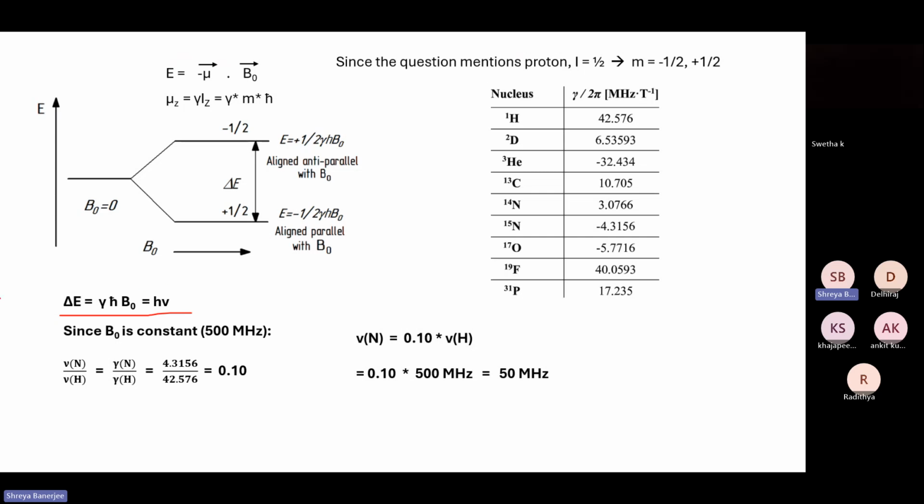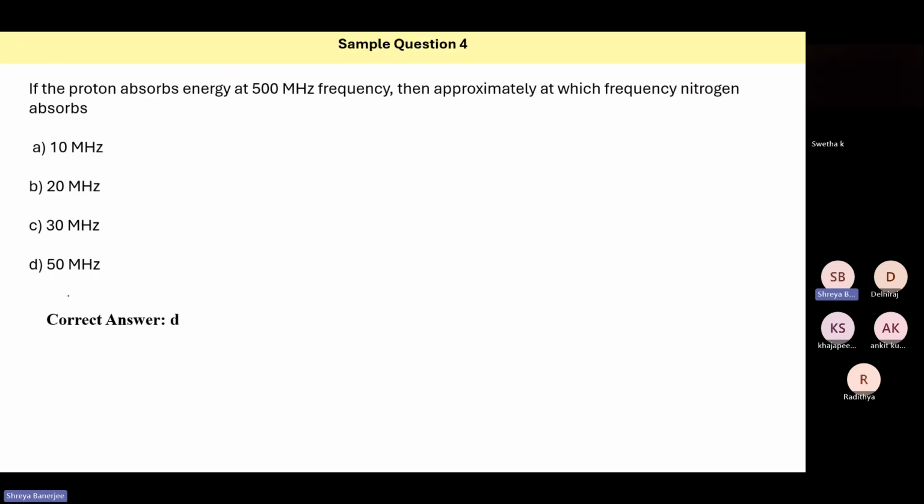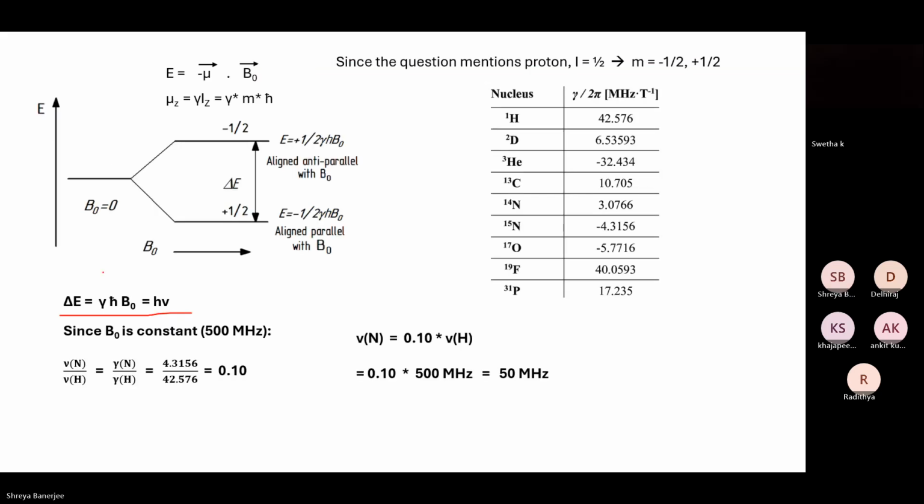Now, in the question, it has been mentioned that the proton frequency is 500 megahertz. So B0 is constant and H is a constant. So if you have two equations for nitrogen and hydrogen and you divide them, the H bar and B naught will cancel out.